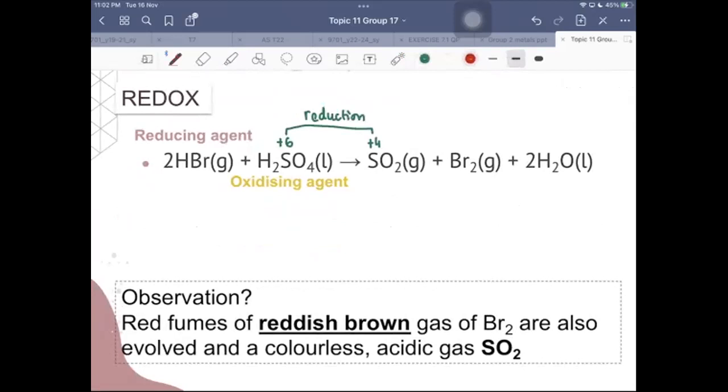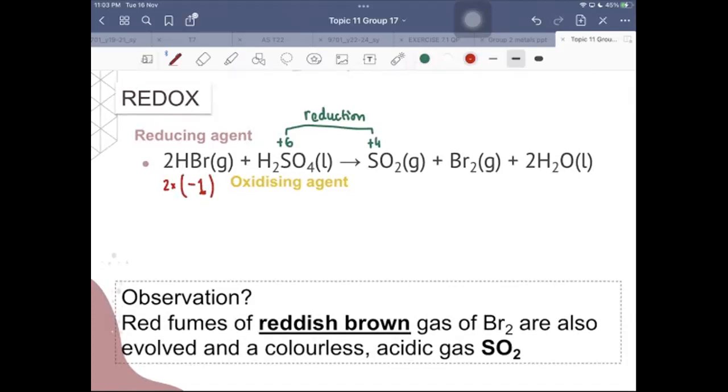Whereas for your bromide, I will focus on one atom of bromine first. In this case, I've got -1. But there are 2 of them, so please be careful. When I talk about the oxidation number, I am referring to a single atom only. That's why I write it down as -1.